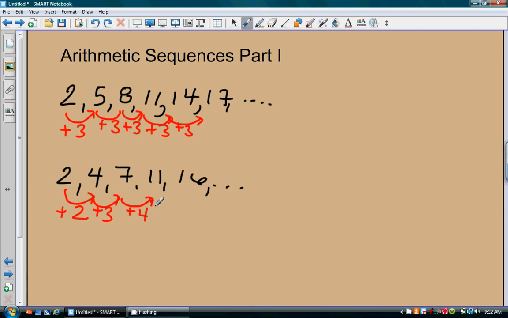If you notice, the difference between each term is changing, so there is no common difference, which leads us to this term right here. In the first sequence we talked about, the common difference is going to be plus 3 because it's a change between each term. And d is going to stand for the common difference.